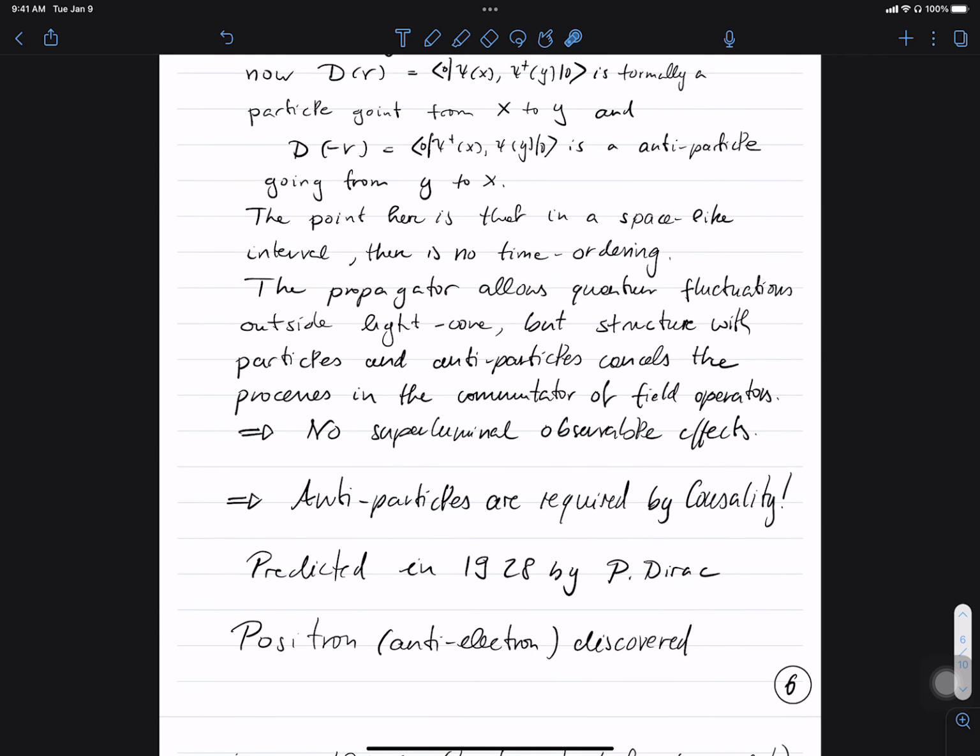So the big point here is again that we really need antiparticles to preserve causality. In the other case, where we had a very similar expression for the real field, the connection was not that obvious, because for the real field, the particle and the antiparticle are the same.